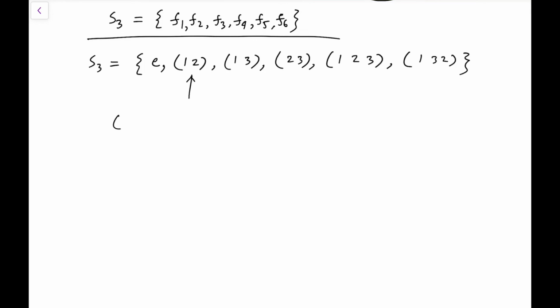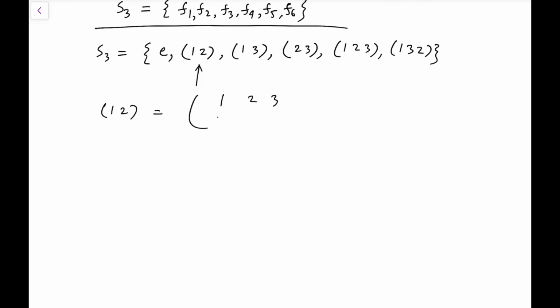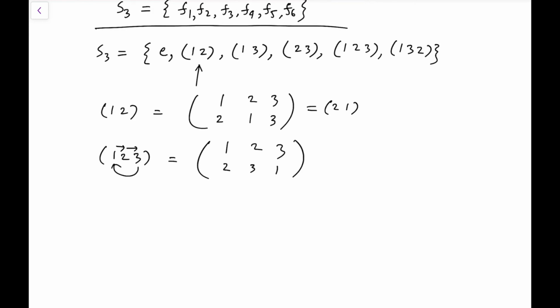Now this cycle (1 2) in S3 is the element 1 2 3 over 2 1 3: 1 goes to 2, 2 goes to 1, and 3 is 3. So writing (1 2) or (2 1) is the same, and the cycle (1 2 3) in S3 is this, that is, 1 is mapped to 2, 2 is mapped to 3, and 3 is again mapped to 1. So explicitly the elements of S3 in cycle notation are this.